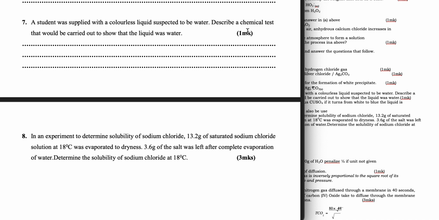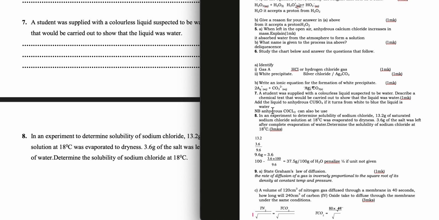Describe a chemical test that would be carried out to show that the liquid was water. Add the liquid to anhydrous copper sulfate. If it turns from white to blue, the liquid is water. Anhydrous cobalt chloride can also be used.